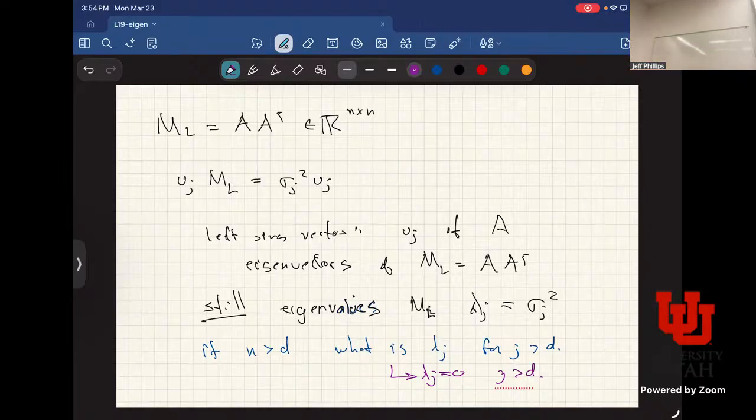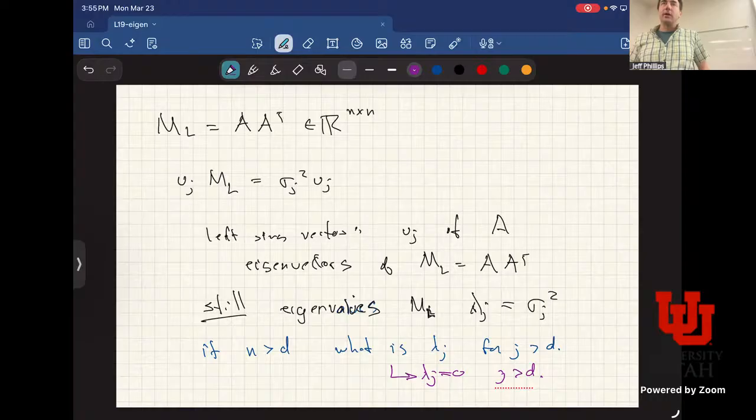The other terms are just zero and they aren't important. So if I do it this other way, I get a bunch of eigenvalues and then the corresponding eigenvectors, which don't really matter if n is bigger than d. And so that's why it's more intuitive to talk about the right side in this case. Okay, great. But there isn't anything special about the right side. It was just the one that was full rank in that dimension.